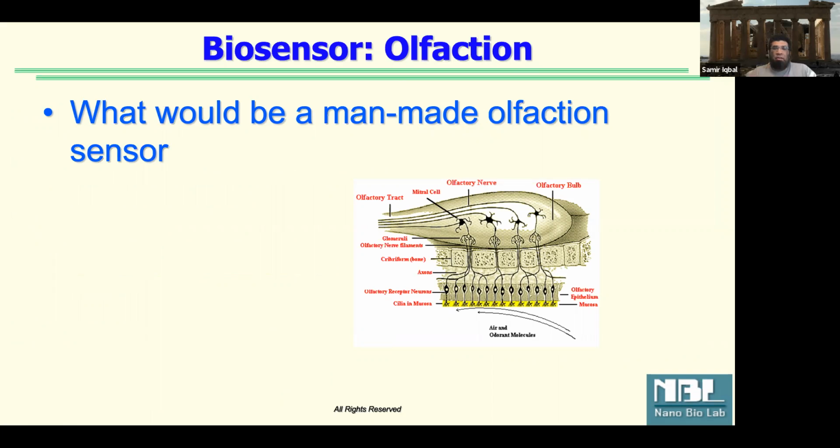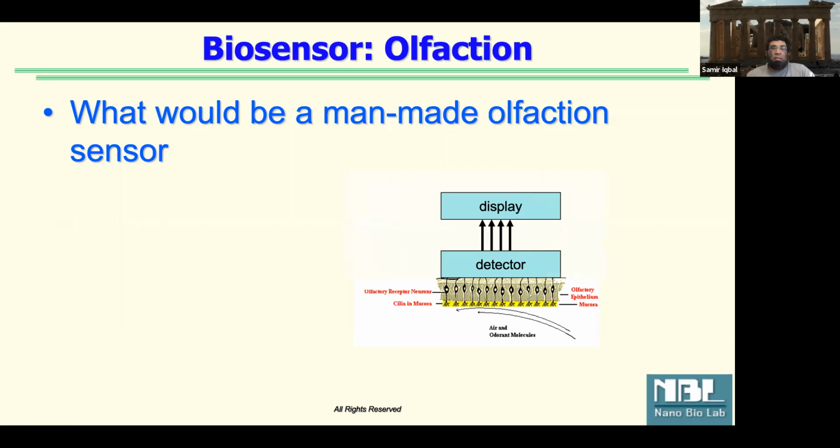Essentially, if we can create a bio-nano interface here and we create a detection system, we can replace it. It's not easy, but this is something where a lot of people have been working. If you just look up e-nose, you will find many people and lots of funding that have gone into this: how can you emulate what the nose of a dog does, for example, right?